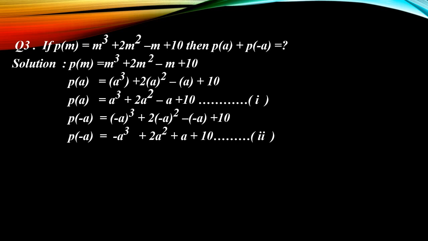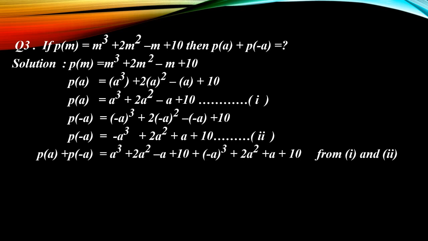So P(minus a) is equal to minus a raised to power 3 plus 2a square plus a plus 10. So P(a) plus P(minus a) is equal to, adding equation 1 and 2, a cube plus 2a square minus a plus 10 plus minus a cube plus 2a square plus a plus 10.